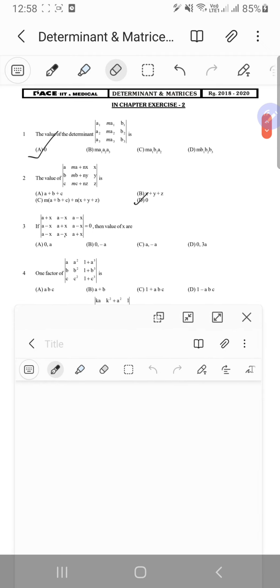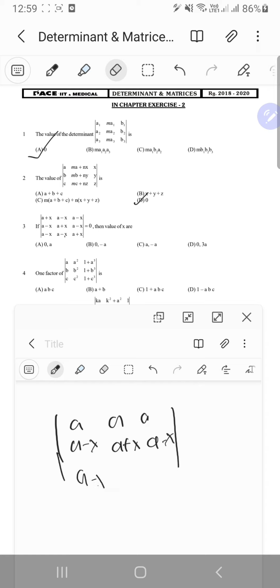Oh wait. Why didn't I think of it like this? Oh, we can do much better than that. We can do so much better. We can just write it like this: a minus x, a plus x, a minus x. Wow, this is really a useful property.